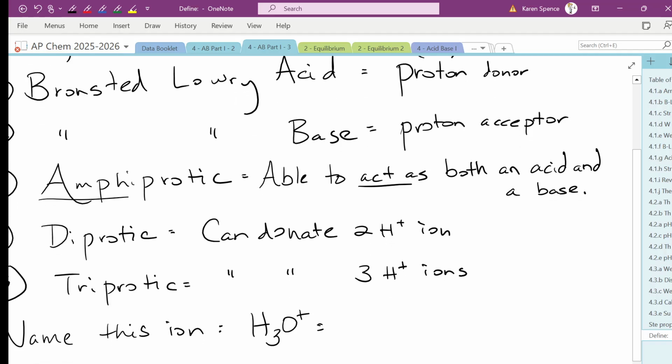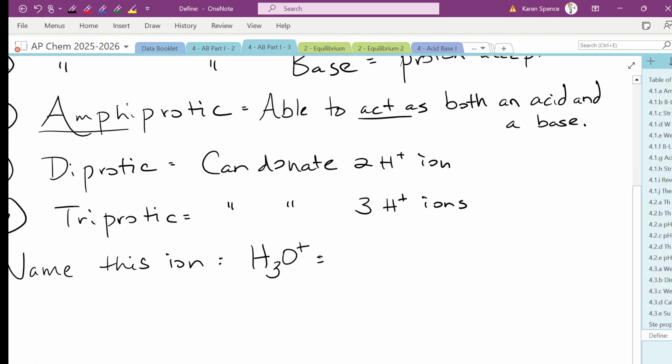And let's name this ion, H3O plus. Name this ion. Hydronium, excellent, okay. Did anyone have any questions from anything you did homework-wise in the last 2 days?